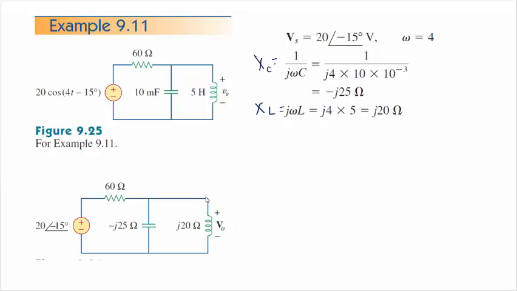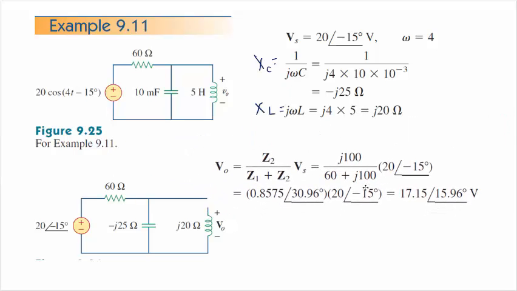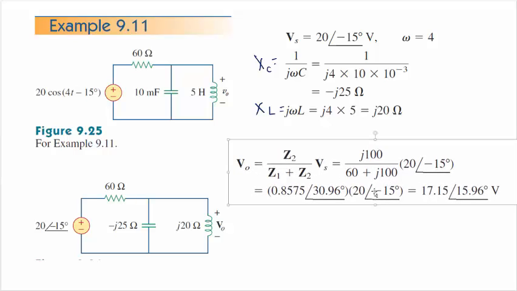And so I rewrite the circuit with my ohms for each element there, and then by voltage divider principles, Vout is the impedance of this parallel combination divided by the total impedance of the circuit times the source. So that's what we've done. But now everything's complex numbers, so we just have to mind the complex number math. And then we get an answer right here that Vout is that many volts at that angle.